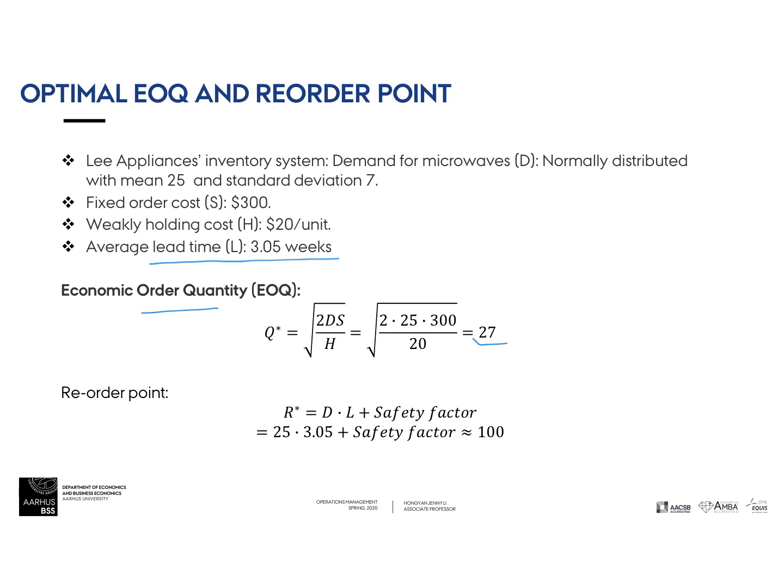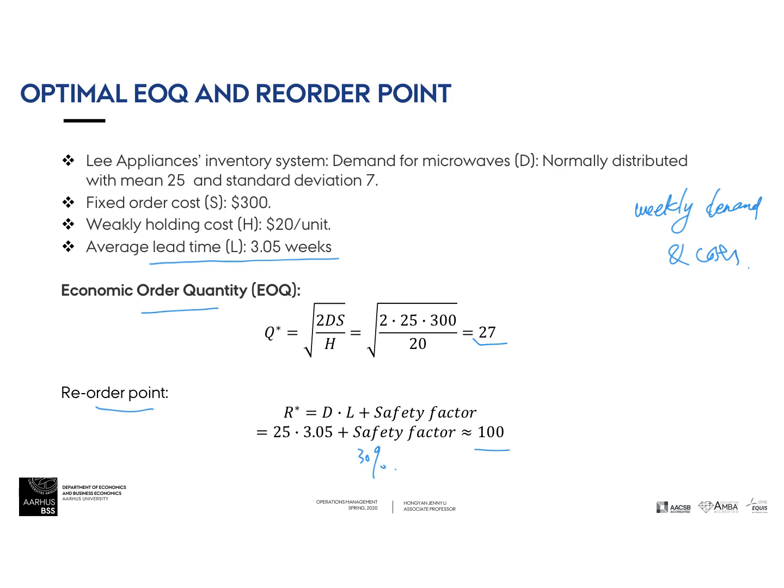So now we are talking about the weekly costs and the demand. And then we use a safety stock, so we calculate the reorder point. It's about 100 if you consider approximately 30% safety factor.